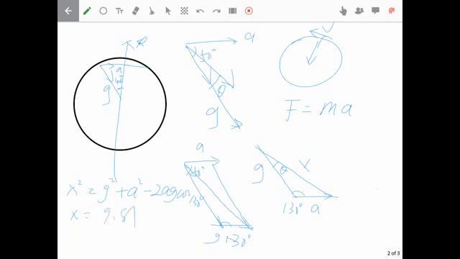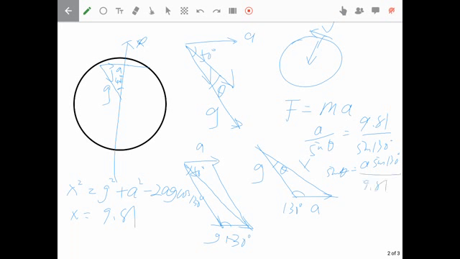So to find the theta, you have to use the sine rule again. That means a over sine theta should equal x, 9.81, over sine 130 degrees. So sine theta equals a sine 130 degrees over 9.81.